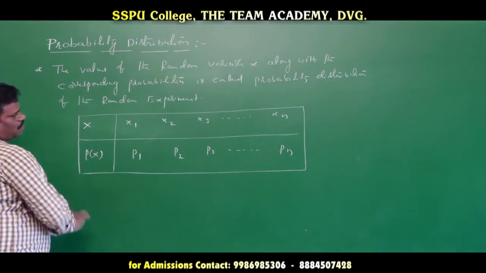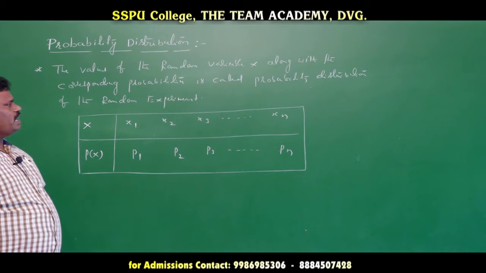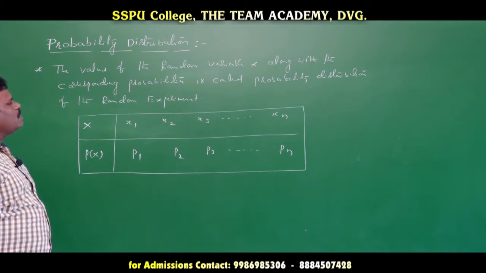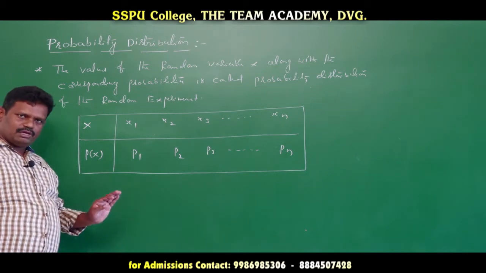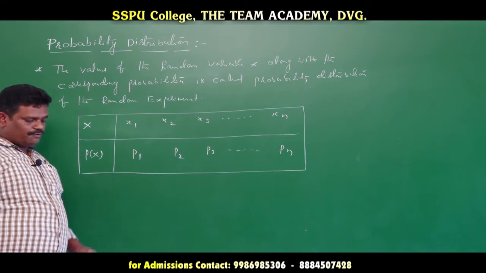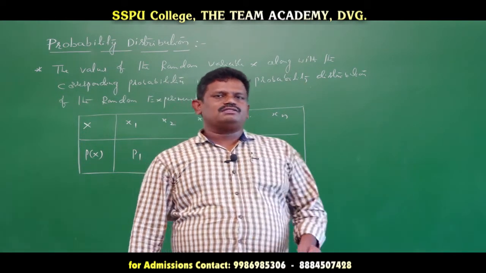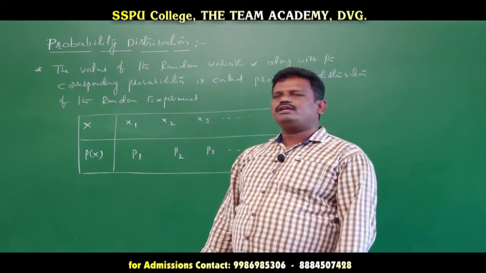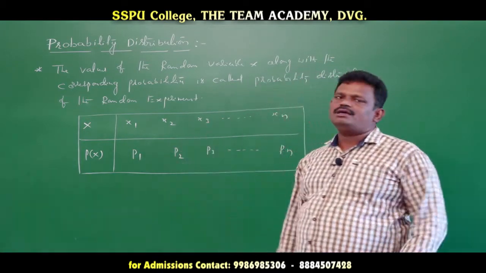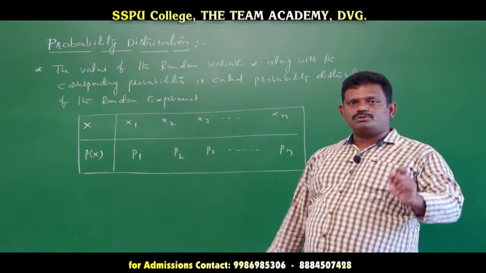If you represent it in a table, that is called the probability distribution table. To construct it for any random experiment, first we find the possible values of the random variable and represent the corresponding probabilities like this.